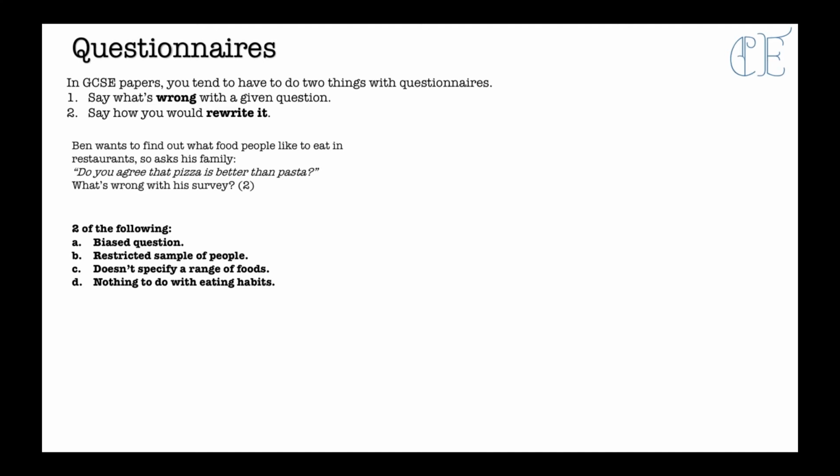He doesn't specify a range of foods, he just says pizza or pasta. And it's not really anything to do with eating habits. As for the question, Ben wants to find out what food people like to eat in restaurants. Well, people doesn't just mean his family, and restaurants doesn't just mean Italian.